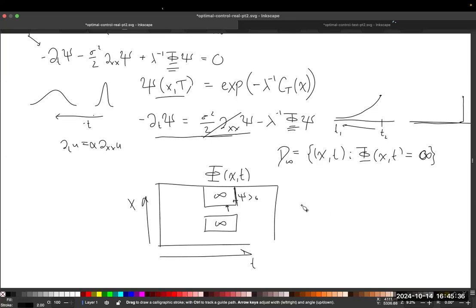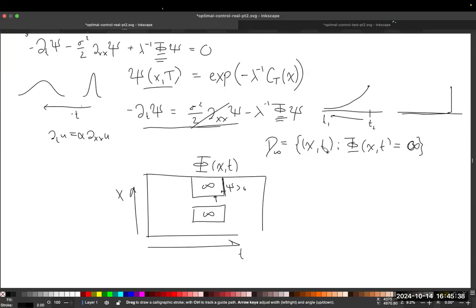But Sergey predicted what I was going to say next, which is we can treat these domains where our phi goes to infinity, we can treat the boundaries of them as boundaries of our domain to which we apply a homogeneous Dirichlet condition.